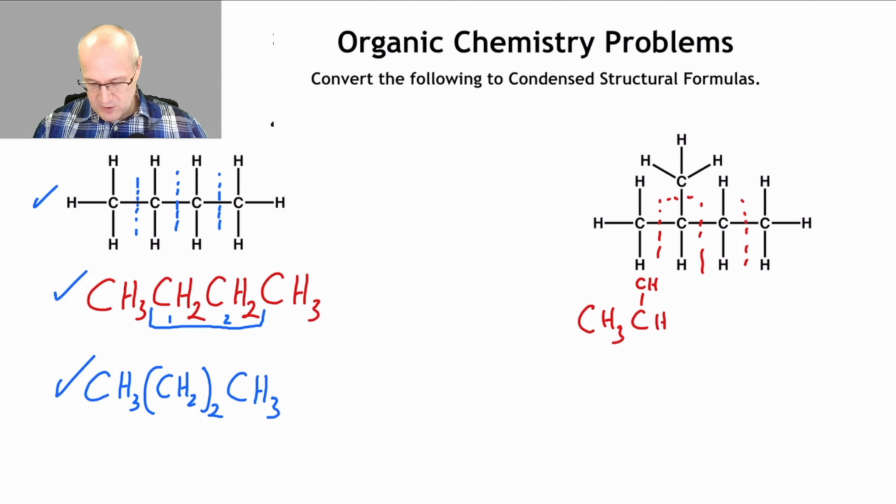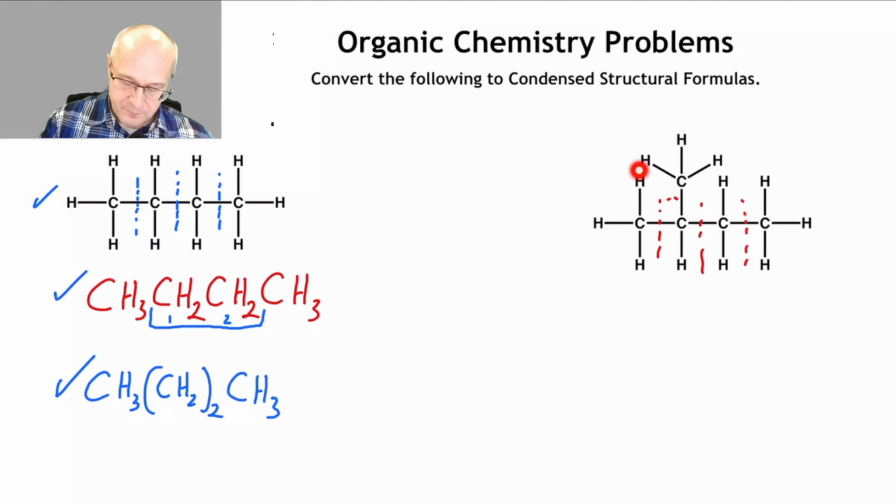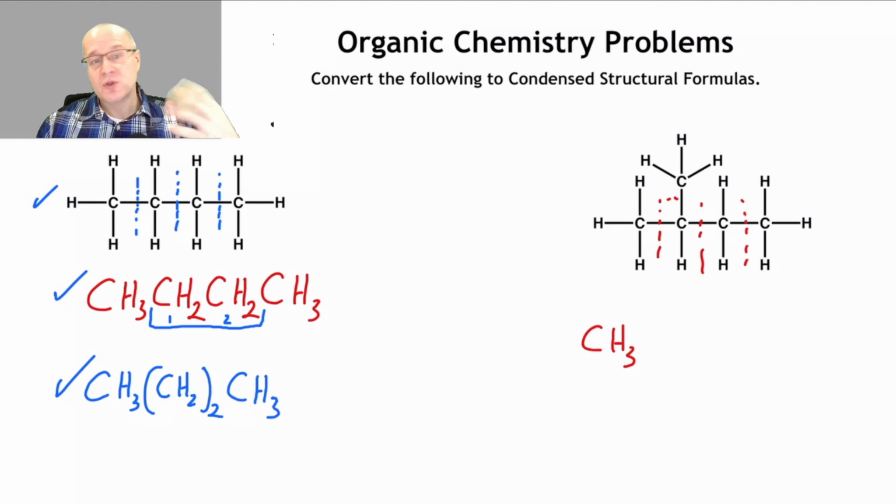Let me just draw it a little bit bigger. So let's say now all of our groups are segregated. So now we're going to say CH3. And now this part here is where it gets a little tricky. There's two different ways you can handle this. Both are correct. CH for this part right here.